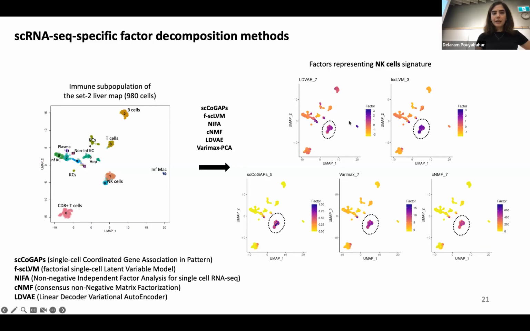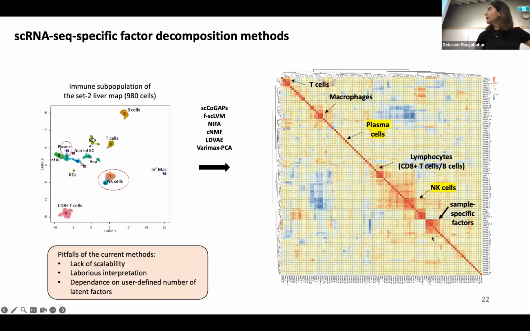It's a deep learning based method. And this is basically me applying these methods to a subset of the data that I had and visualizing the factors that represented this NK cell population. If you apply all of these methods and try to cluster the factors, here this is the correlation matrix.